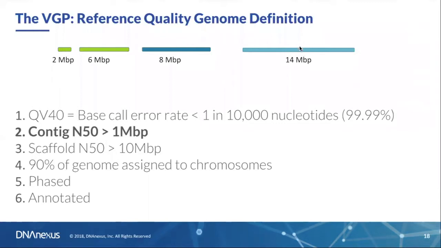Once the accumulated size is above half of the total assembled size, here you can see that the total assembled size is, let's see, this is 10, it's 20, about 30 megabase pair. So if you combine 14 with 28, they're already more than half. So the N50 in this case is going to be 8 megabase pair.